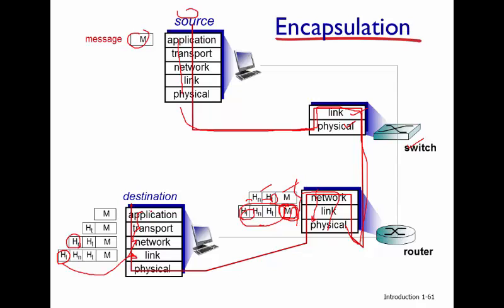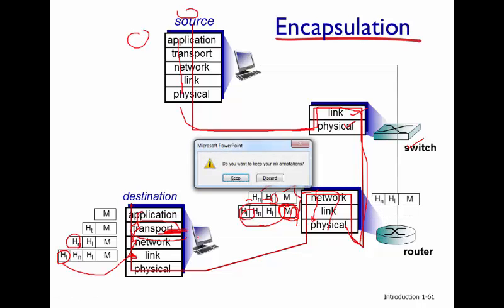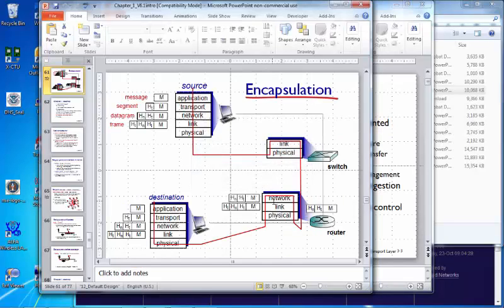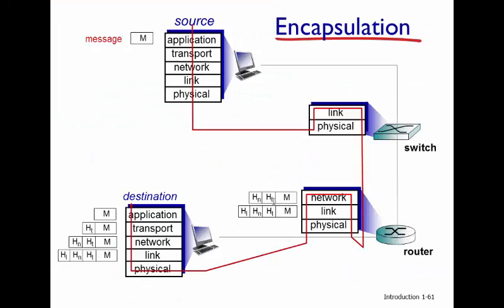Chapter 3. What we are going to do is the transport layer. That's what we are doing. Look at this. The message is at the transport layer, and therefore a transport header for the transport layer is attached to the message and it traverses one level down to the network layer.